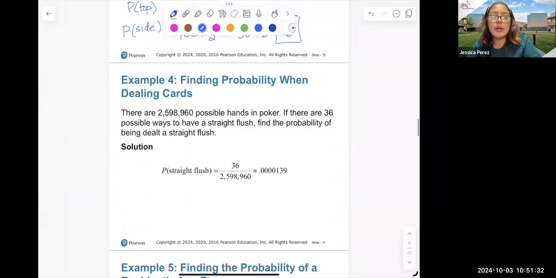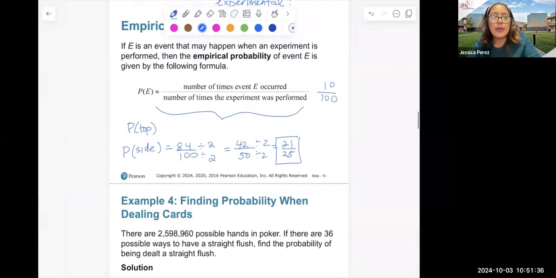There are 2,598,960 possible hands in poker. If there are 36 possible ways to have a straight flush, find the probability of being dealt a straight flush. So it's already telling you, you have the ones in favor of 36 out of your total.